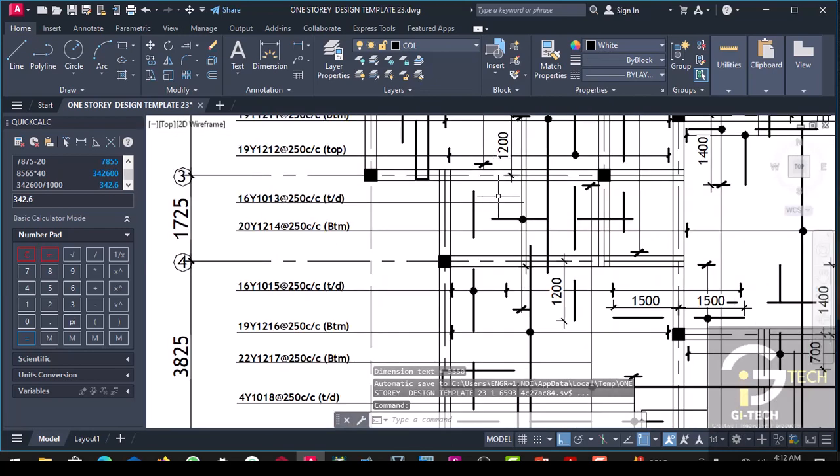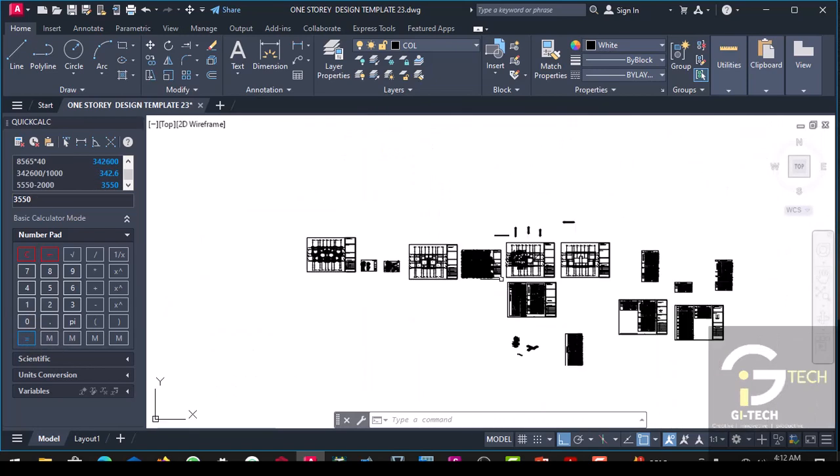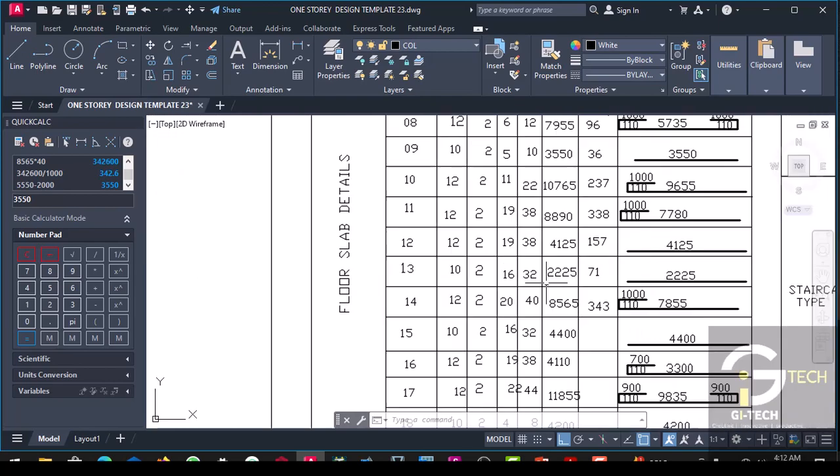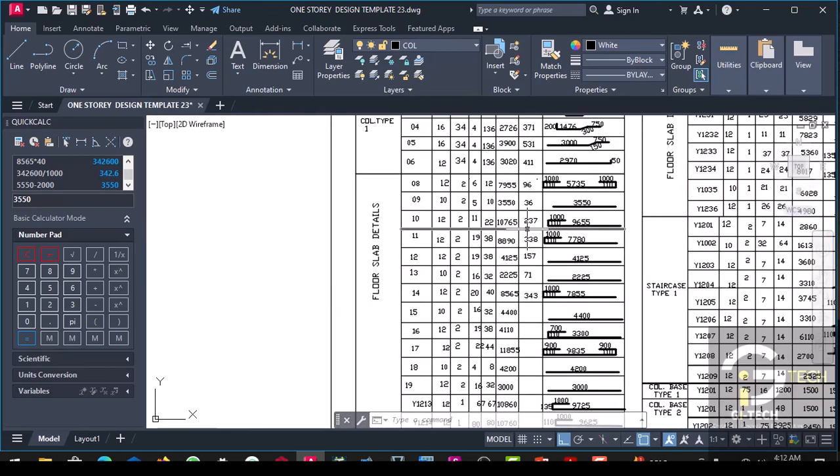So you subtract 2000 from it. 5550 minus 2000. So you have 3550.